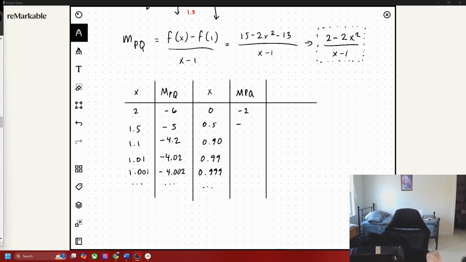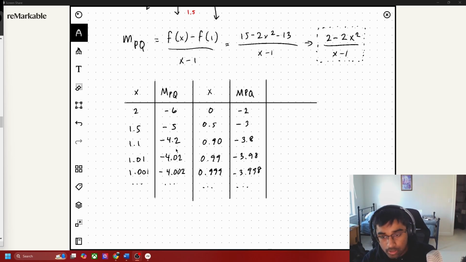Then -3 for -0.5, -3.8, -3.98, -3.998, so on and so forth.